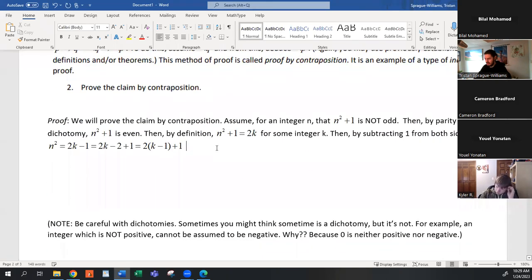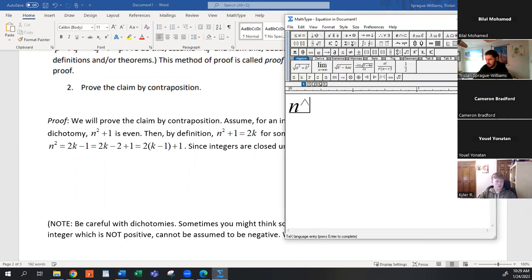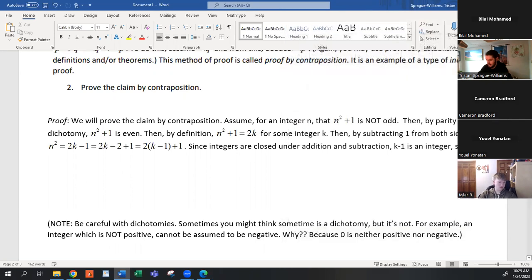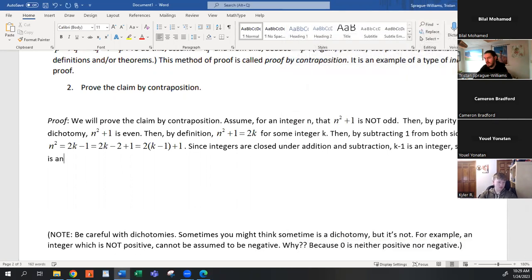So since integers are closed under addition and subtraction, k minus 1 is an integer. So then now we have n squared is an odd integer.